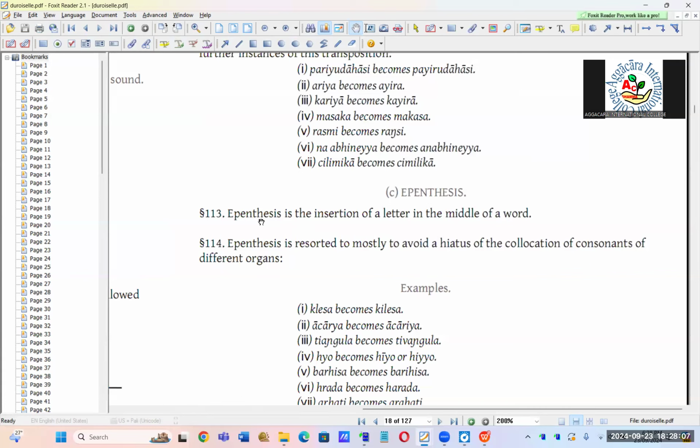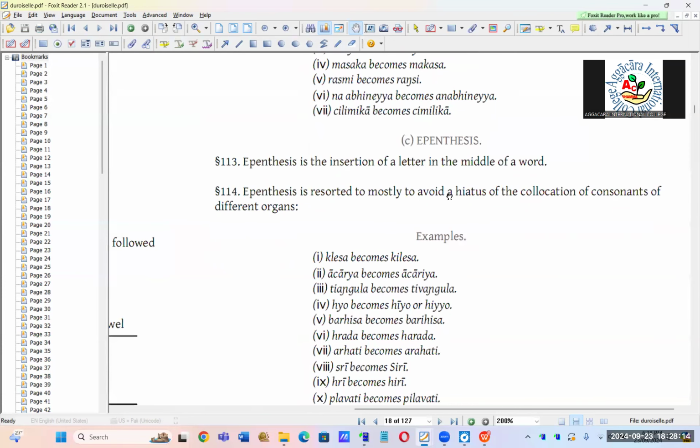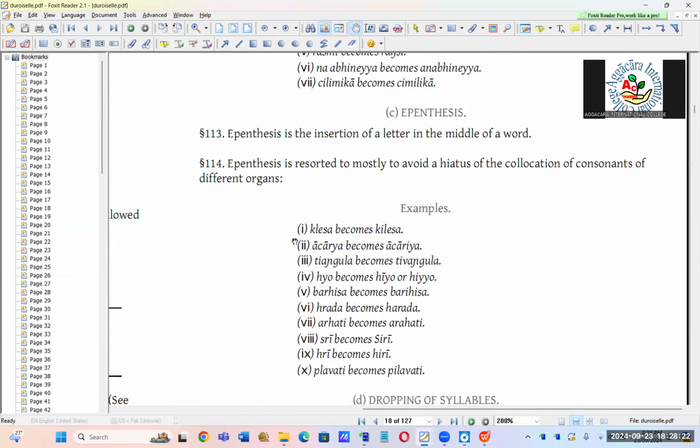Now, another special term, epenthesis, is the insertion of a letter in between the word to avoid the hiatus of collocation of consonants or different organs. So in simple words, Krisa is very difficult to pronounce. So remember Pali itself, we call it the dialect language.